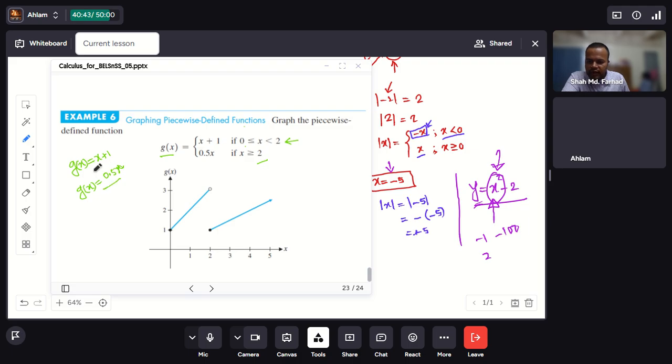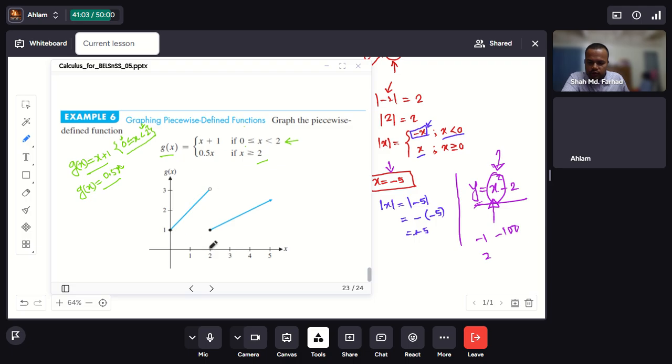So we have two functions here, and for the first function the domain is 0 to 2, where 0 is included. That means the function starts from 0 and continues up to 2.